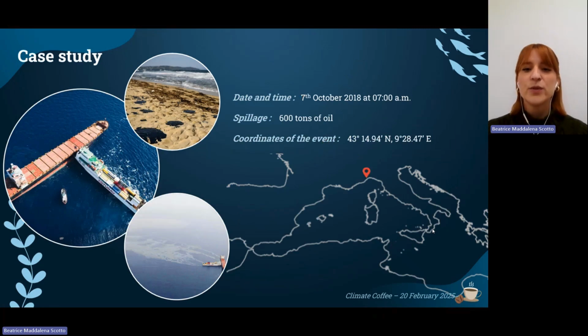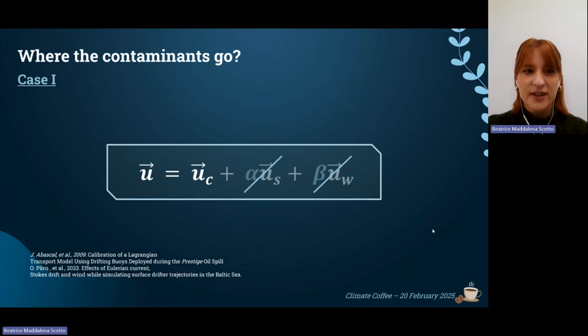And so we chose a real case scenario, in particular the one that occurred on 7 October 2018, at 7 a.m., between a cargo ship and a ferry. This occurred off the coast of Corsica and caused the spillage of approximately 600 tons of oil. And so we wanted to compare and to test our structure here.